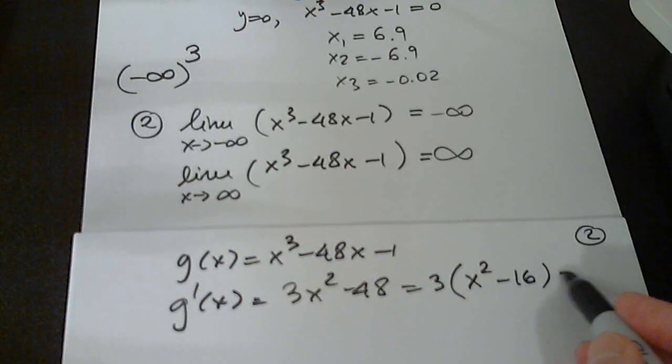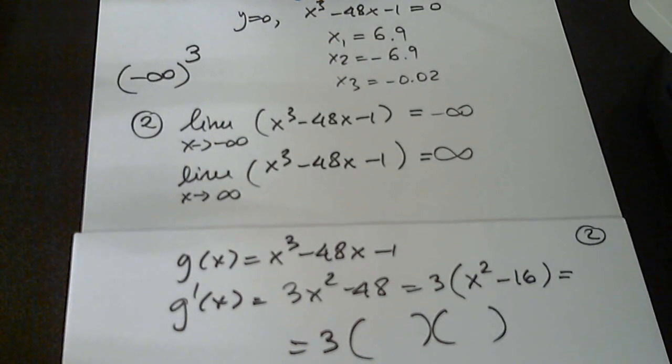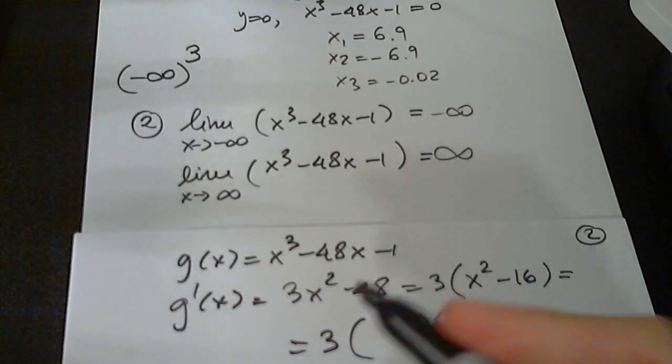I like it. Okay, so I have 3, and I will continue factoring. Can anyone give us the factored form of x squared minus 16? x minus 4 times x plus 4. Excellent, thank you very much.